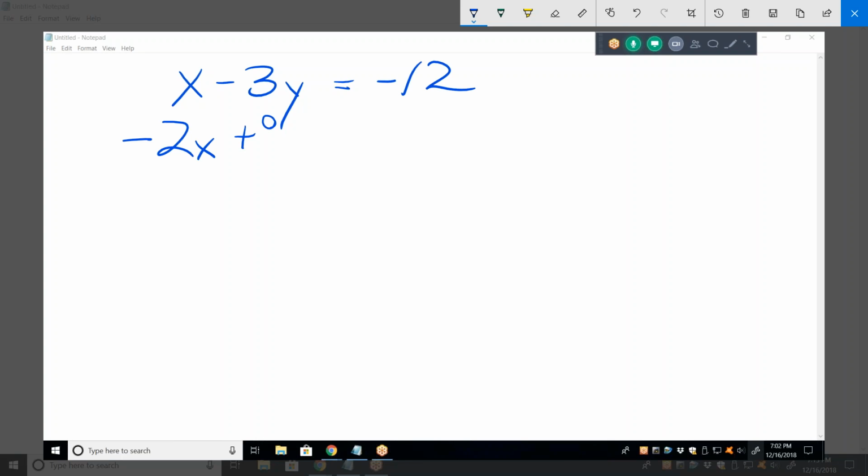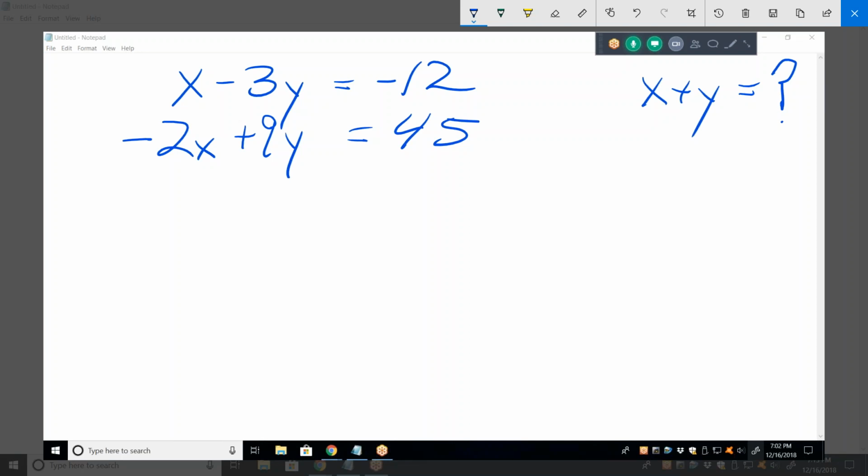And then it says x plus y equals blank. Okay. Do they want you to solve for x and y, or do they want you to just solve for x plus y? I think it just wants to solve for x plus y.